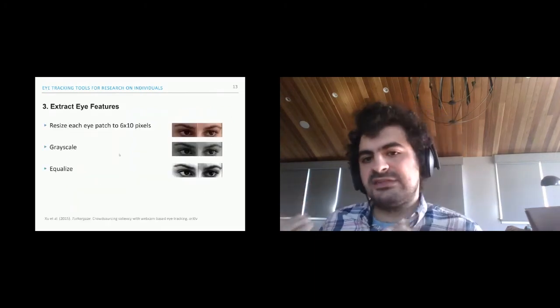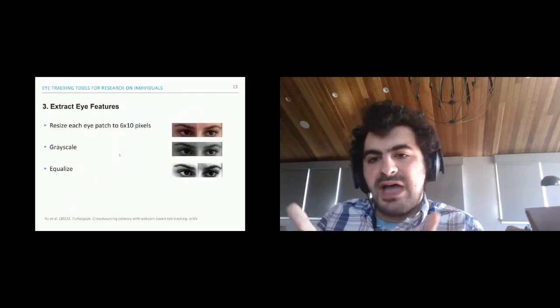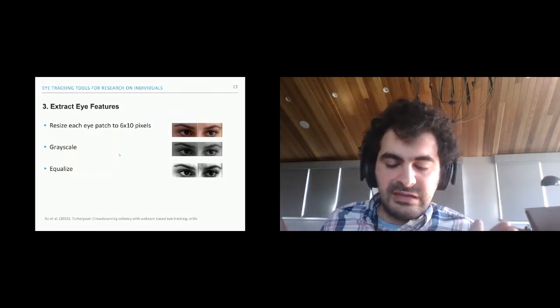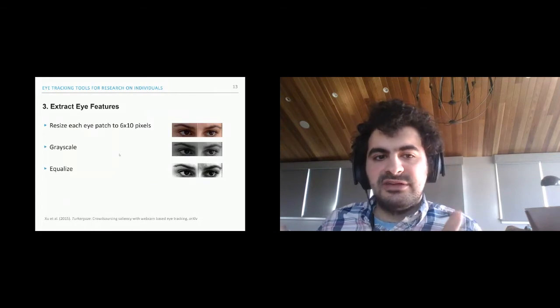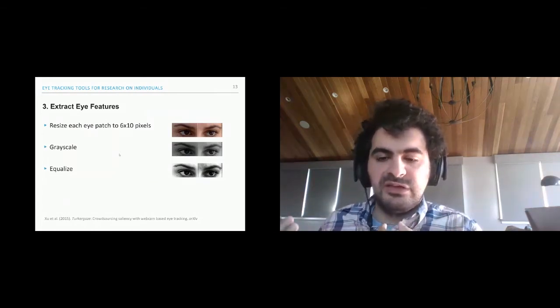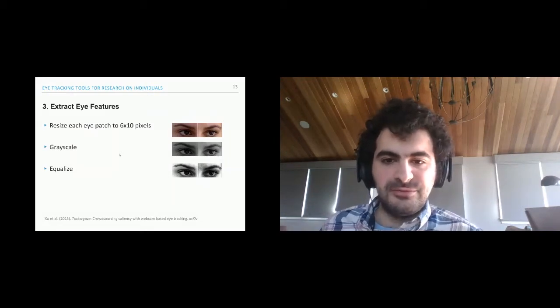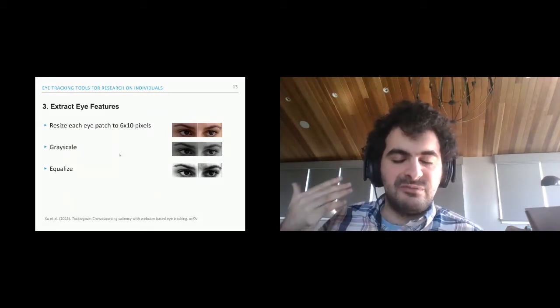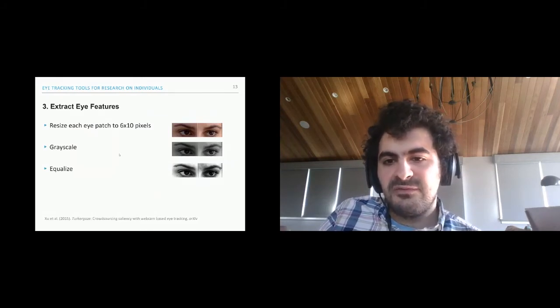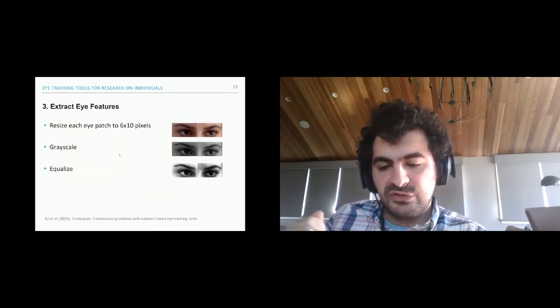Then the next step in the pipeline is, once we have the eye regions from those landmarks, we're going to condense that data. We're just going to resize those eye patches, convert to grayscale, and equalize the image, which is a fancy computer vision term to basically make it somewhat lighting agnostic, so that regardless of brightness it's going to look more similar.